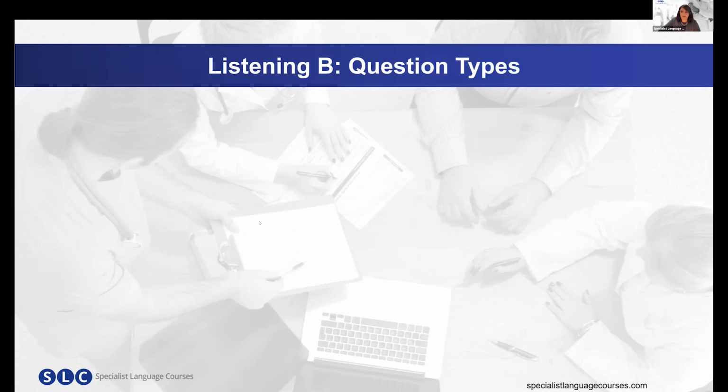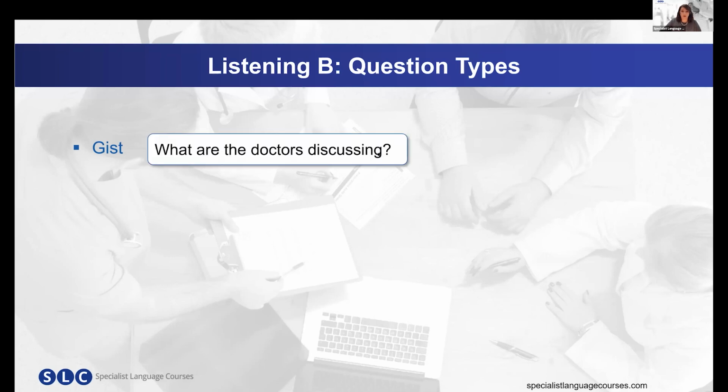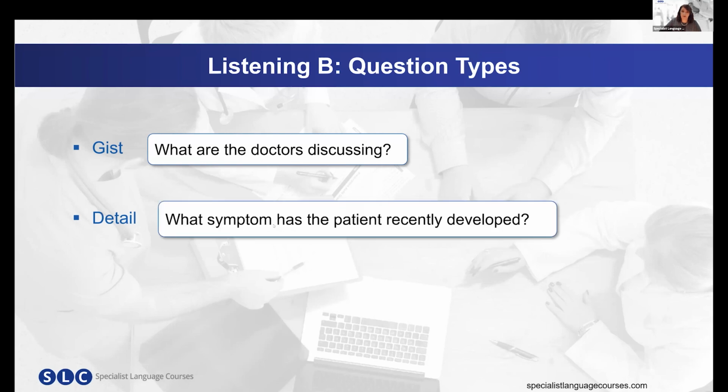Listening B tests a particular set of your listening skills. Each of the different listening sections in OET tests slightly different listening skills. In listening B, you may have questions that test your ability to listen for gist, so the main idea. For example, what are the doctors discussing? You want the main idea of their interaction. You may get a detailed question. For example, what symptom has the patient recently developed?